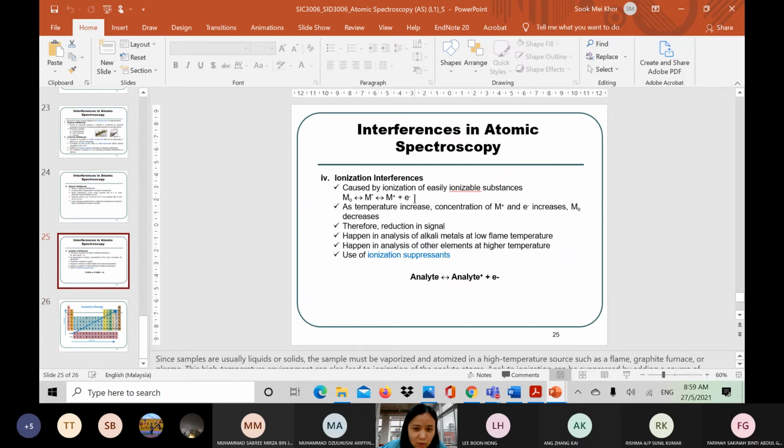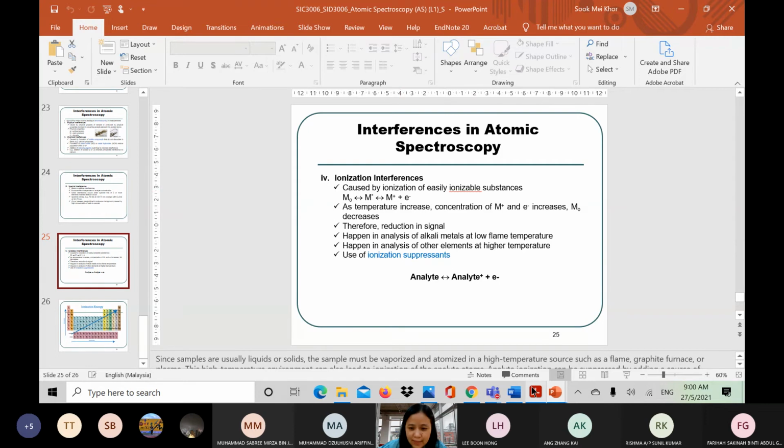Once it gets ionized, you create in that environment a high concentration of electrons. Because of this, it will suppress the possibility of the excited sodium becoming ionized sodium.